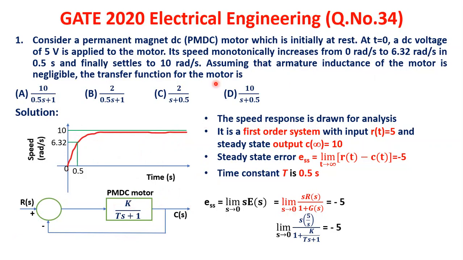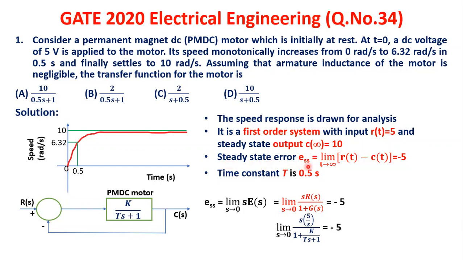The input is 5 volt, so R of t equal to 5, and it is settling down to 10 radian per second speed. That means the final steady state output, C of infinity, is 10. This problem can be done even by inverse Laplace transform, but I have made it so simple. Instead of finding the response, which consumes time, I have done it using steady state error.